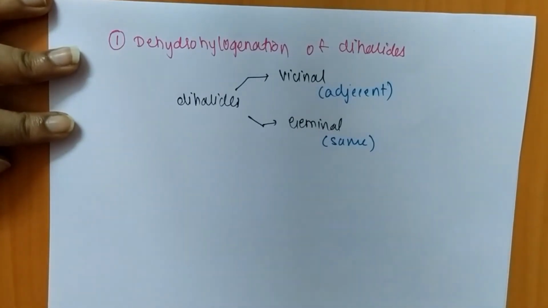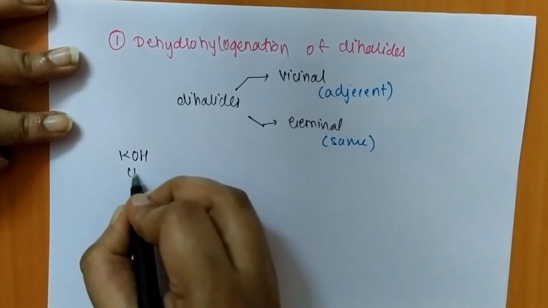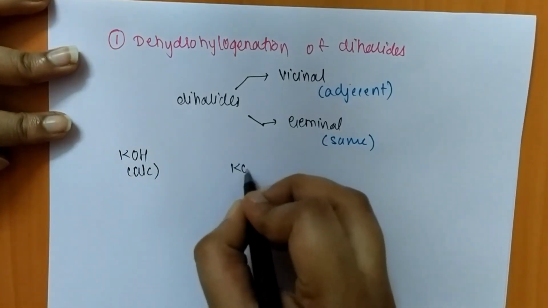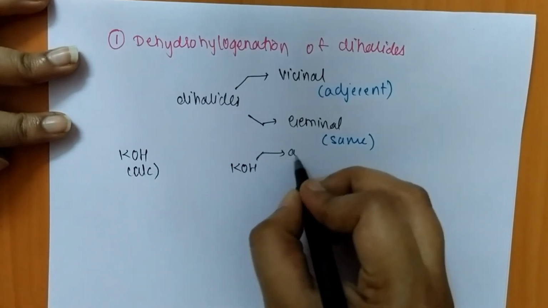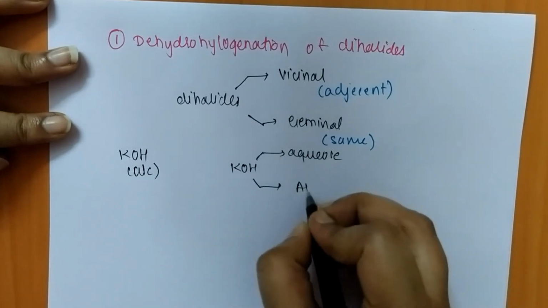Now the reagent which is used for the dehydrohalogenation is going to be KOH, and that too alcoholic KOH, because here we are going to do an elimination reaction. Mainly two types of KOH are used: aqueous KOH or alcoholic KOH.